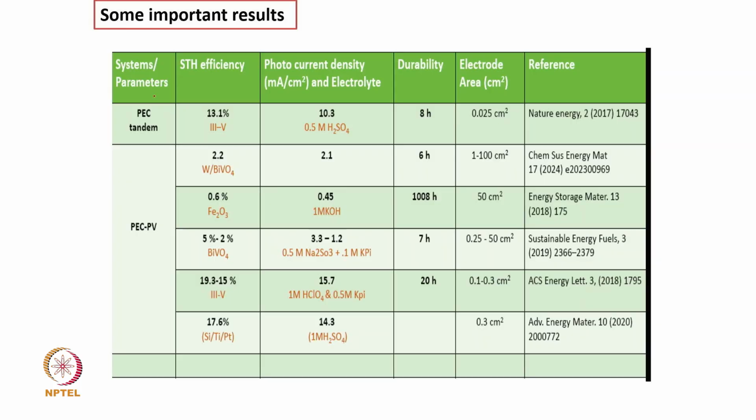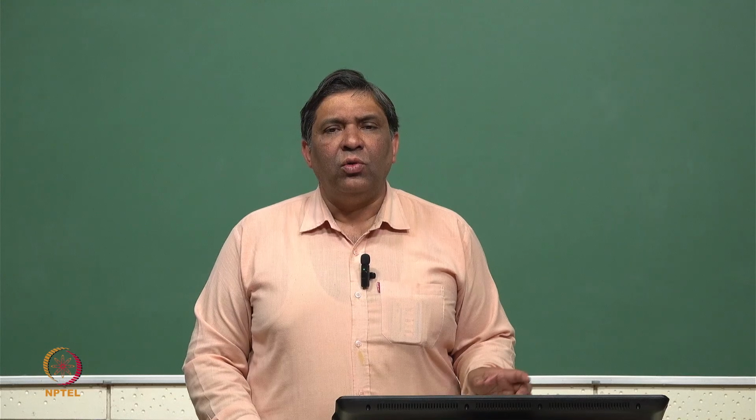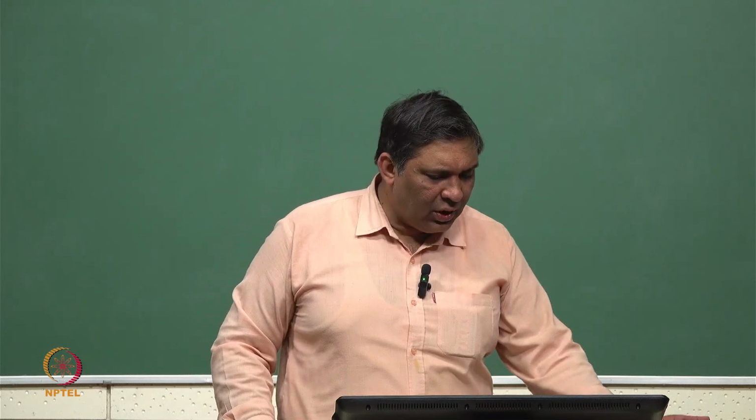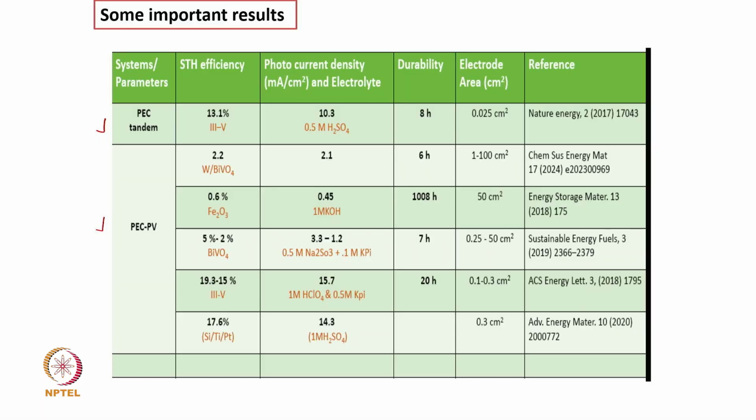You can see these are the systems: the PEC tandem system and the PEC PV system. I have not discussed the systems so far; we will discuss them in the next classes. But let us just think that PEC tandem systems and PEC photovoltaic systems exist, and our main idea is to look at how efficiency and other properties vary when we consider different materials.